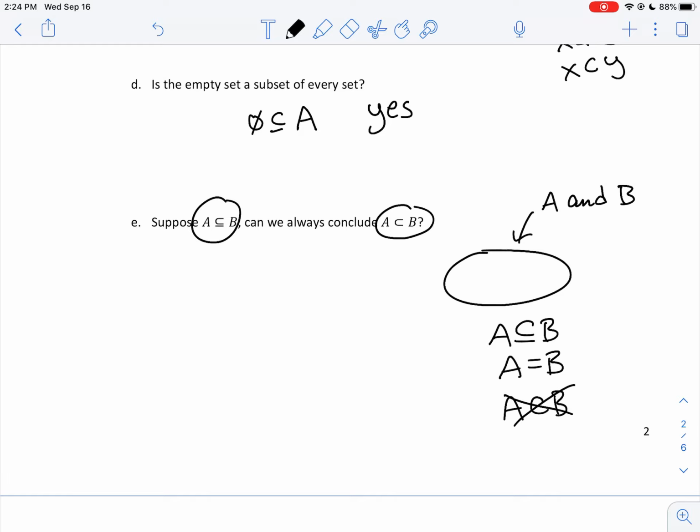But this one here does not allow for possible equal. So we're going to consider the case where A and B are the same set. Then both of these are good notations, although this one's better. But certainly we can't say proper subset in that case.